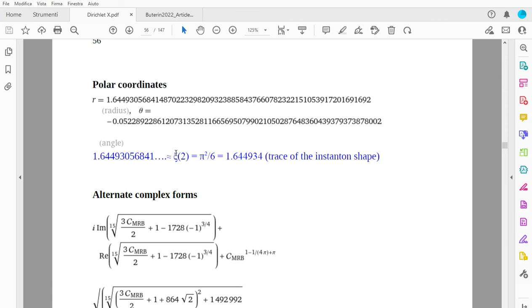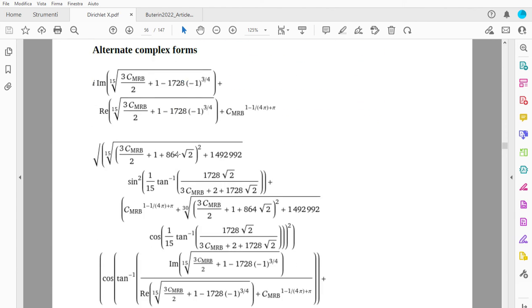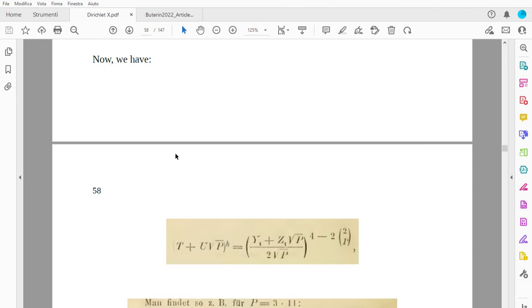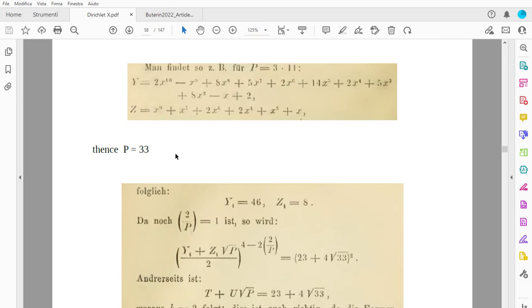That is related to the trace of this instanton shape. Also here alternate forms, and so.